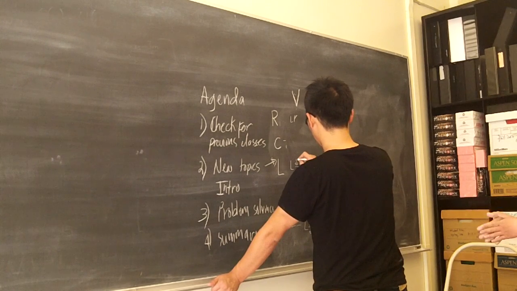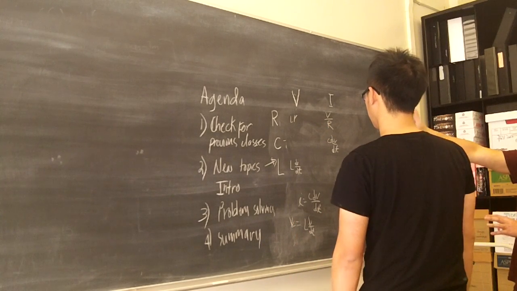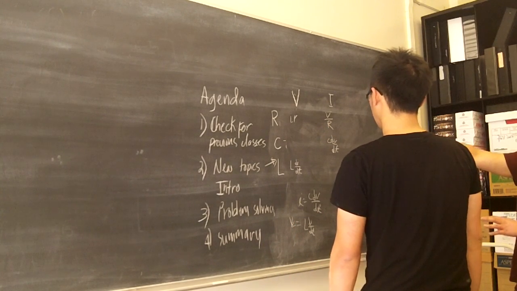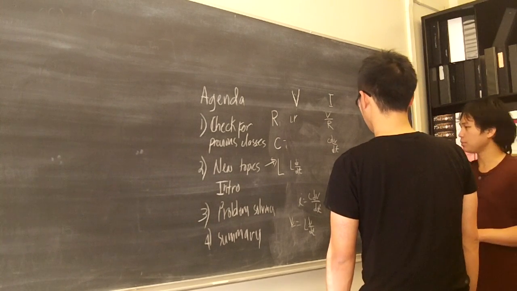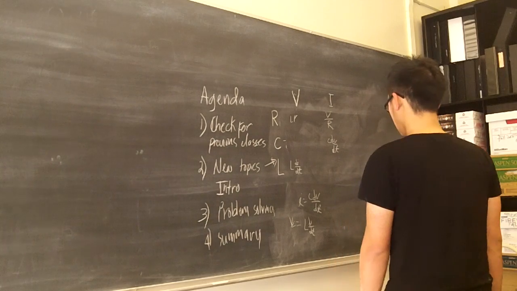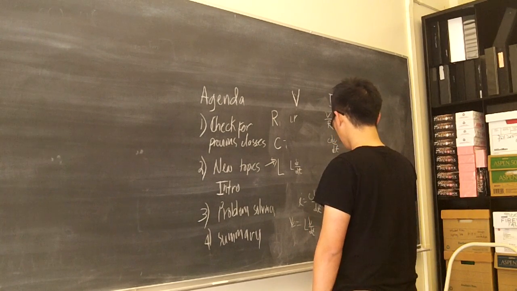Okay. So now you don't have the voltage for the capacitor, and you don't have the current for the inductor. So maybe you should manipulate this guy to have your voltage, right? So how would you do that?